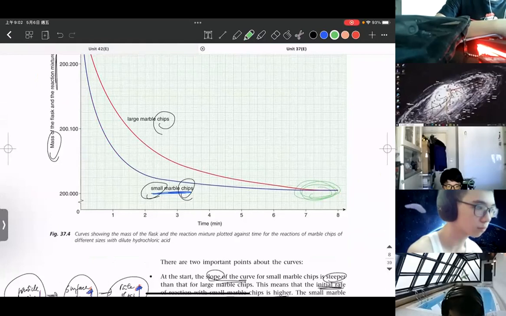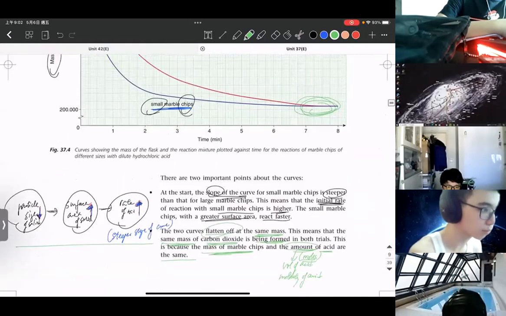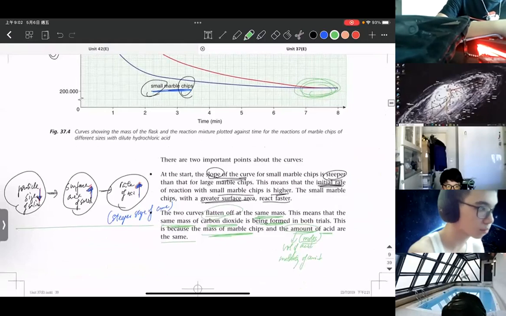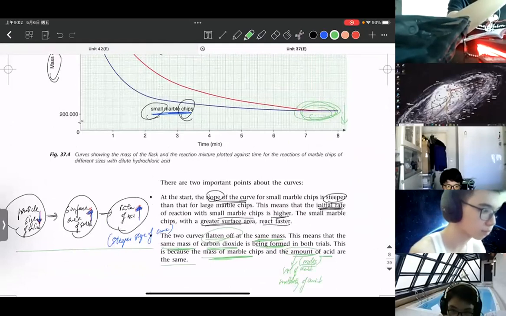The larger the mass of solid or the larger the volume of acid added, as long as this is the limiting reactant, they would affect this one. If you increase that one, they will make the drop even further. Can you get my point?